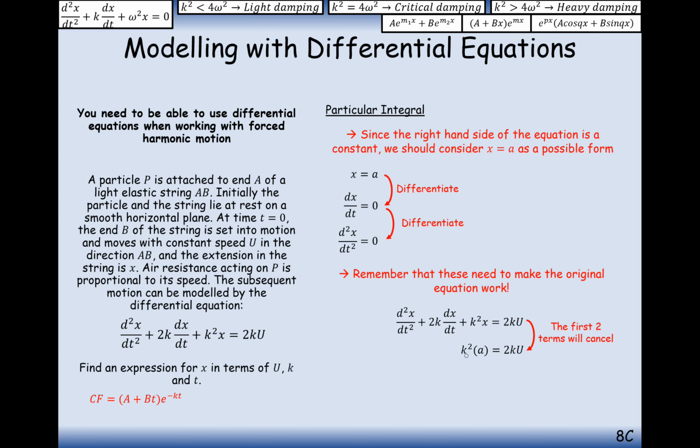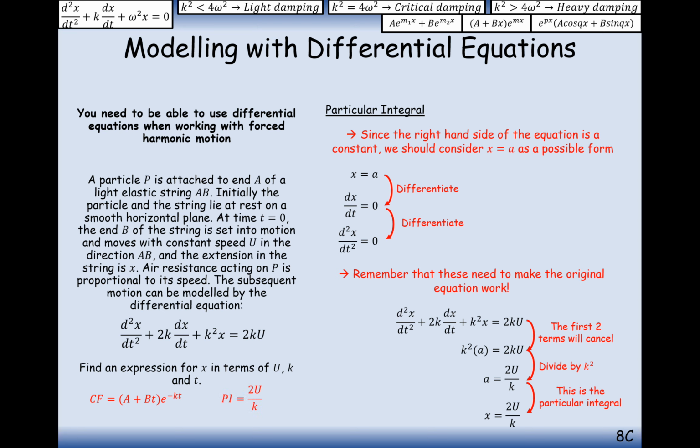Put a in and we get k squared a equals 2ku. Let's divide by k squared and we get a equals 2u over k. So that's the particular integral, 2u over k.